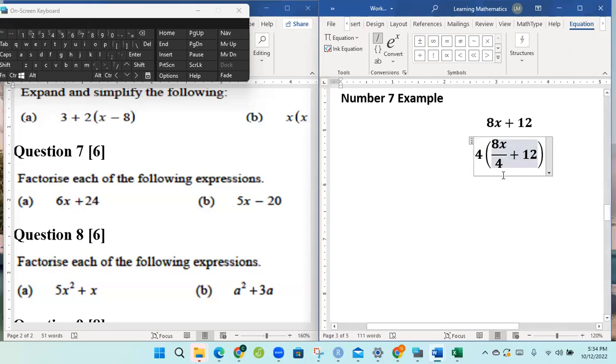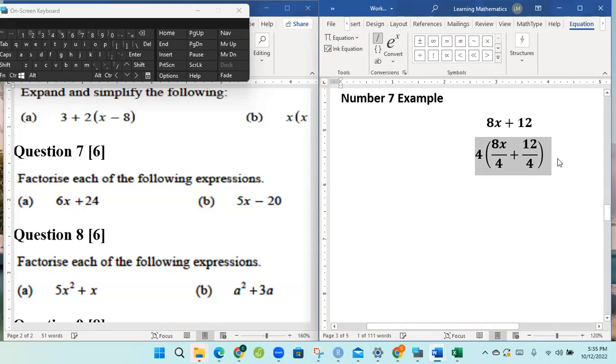Whatever is outside of the bracket, you have to put it as a division. And the 12 has to be divided by 4 also. So that is how you're going to know what comes into the bracket, by dividing each term by that coefficient that is outside of the bracket.